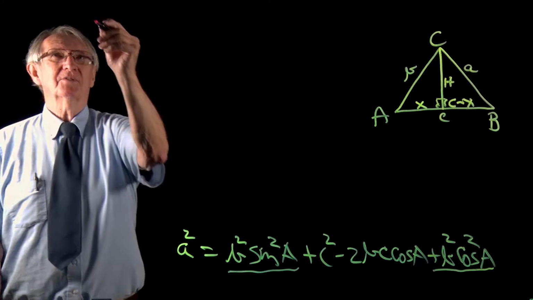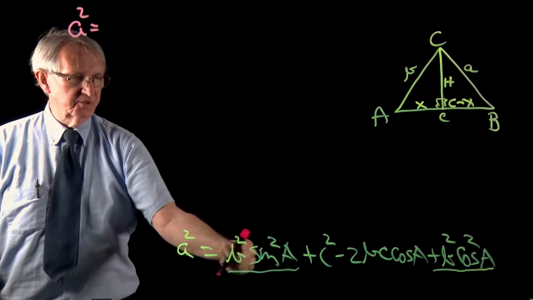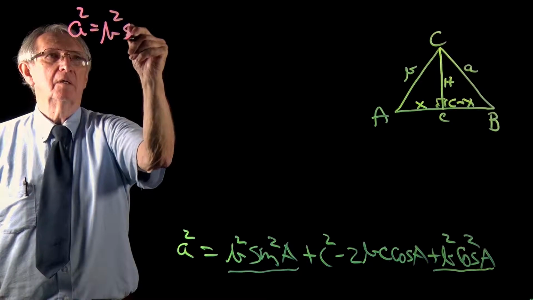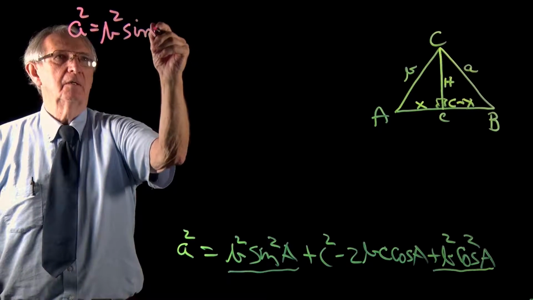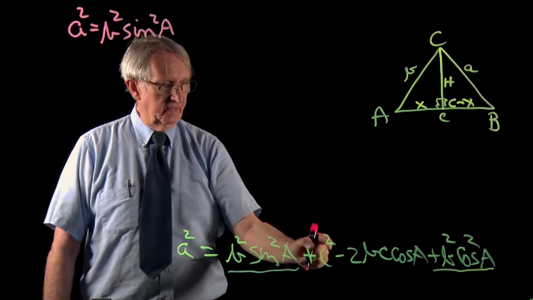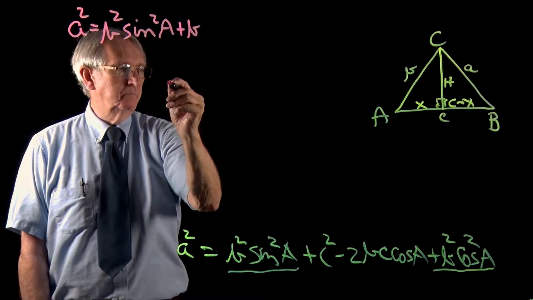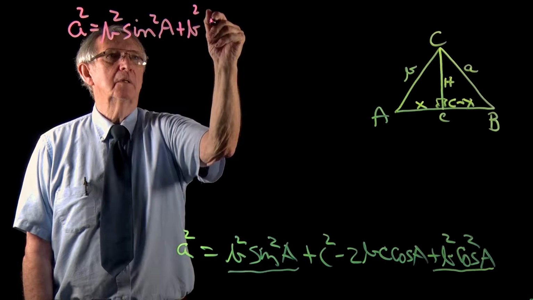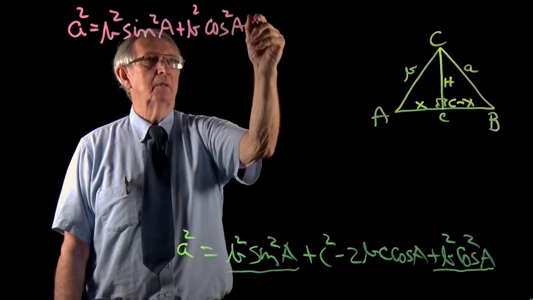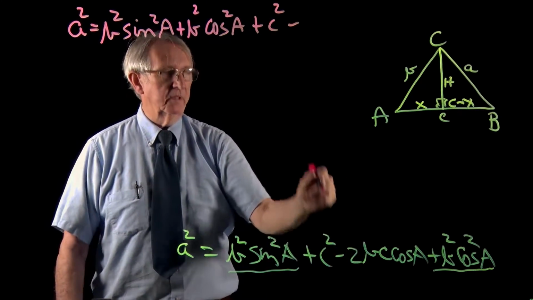I'm going to take this, say a squared equals this term right here, and then this term right here, then this term here, and this term right here.